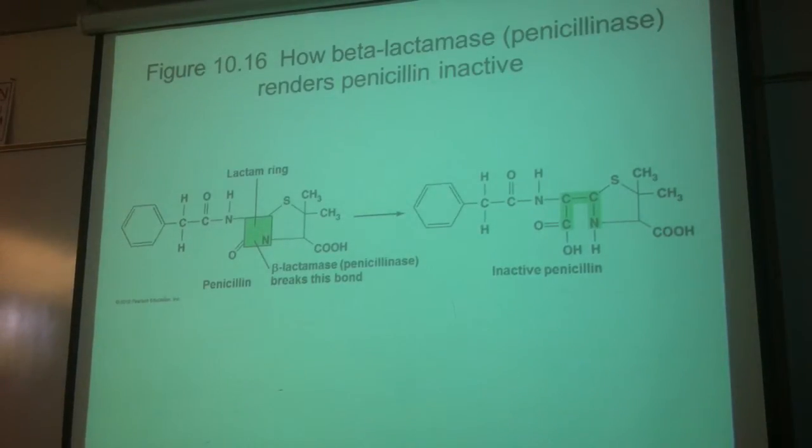Then we have beta-lactamase. This is penicillins. This renders penicillin inactive. Okay. So this is one of those that would be more of an antagonistic, because it can actually render penicillin inactive. Beta-lactamase comes in and breaks this bond in penicillin, and so you end up with an inactive form of penicillin.